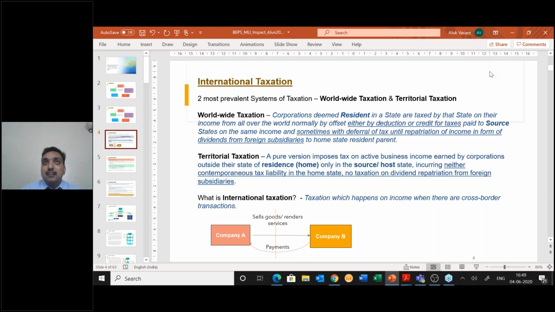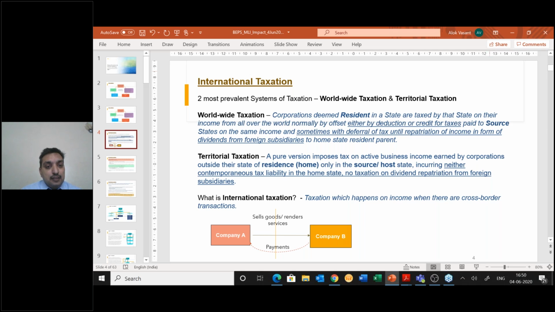But worldwide taxation is what most of the countries prefer, primarily because a lot of these developed countries actually export capital, human capital, technology, and they all want a share of income or a share of taxes from that, and therefore they argue that these are incomes earned by my residents, and therefore I should get a share of taxes from the income that they earn.